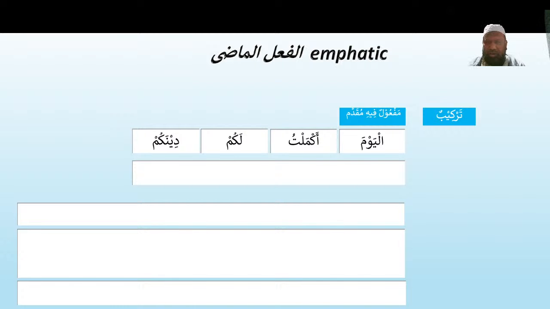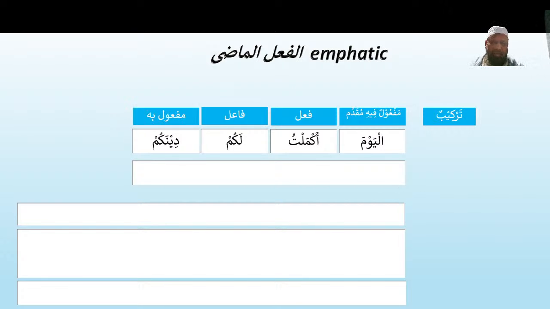Let's do the tarkib. اليوم مفعول فيه مقدم, because its original place would be after the فعل and فاعل. Because it's brought forward, fronted, we say مفعول فيه مقدم. أكملت فعل وفاعل, the ta is the fa'il. And دينكم, let's call it a مفعول به, because دينا is in nasab case.